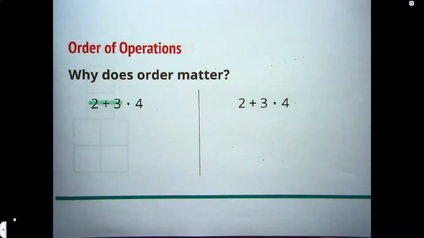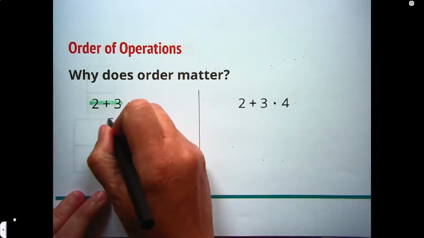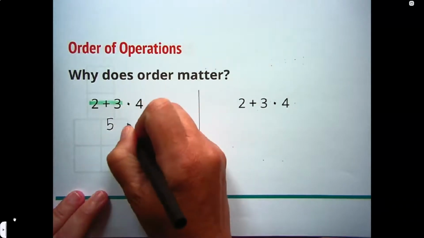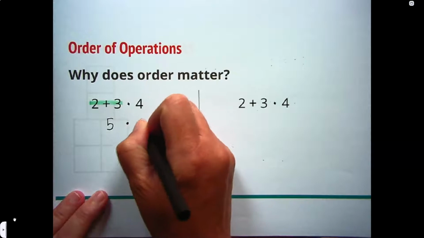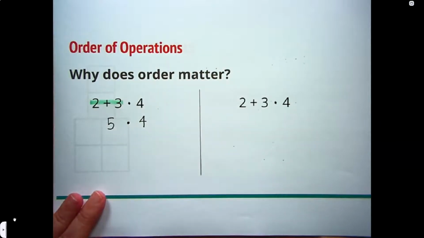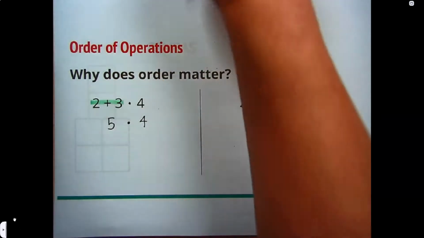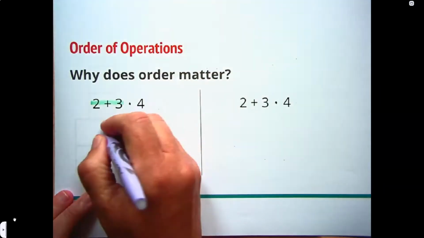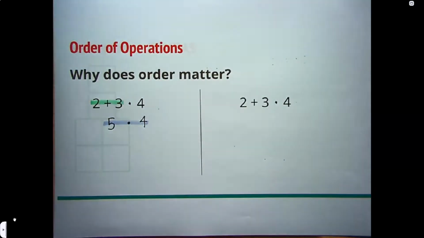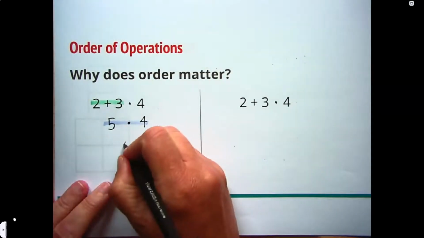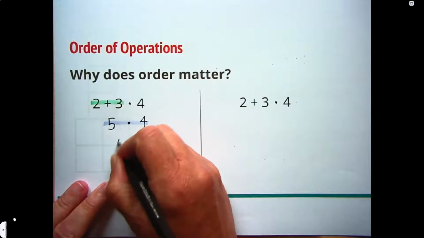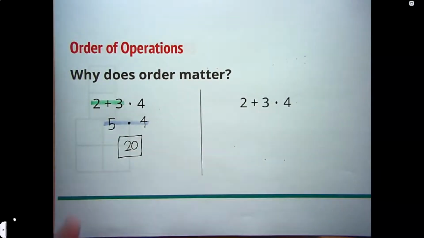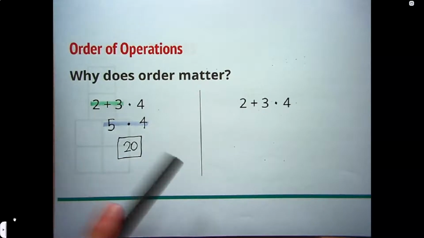If I do 2 plus 3, I know that's 5, and then I have times 4. Now I only have one operation left to do, and that operation is 5 times 4. So when I do that operation, I end up with 20. So 20 would be my answer. So I added first, multiplied second.